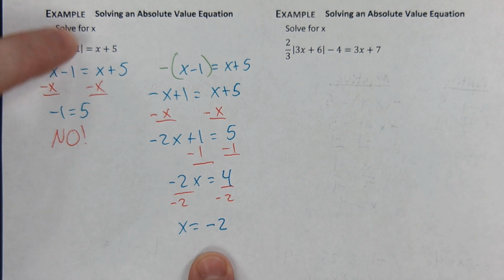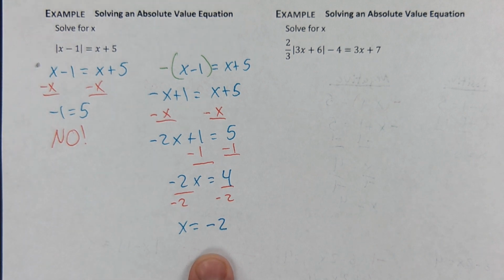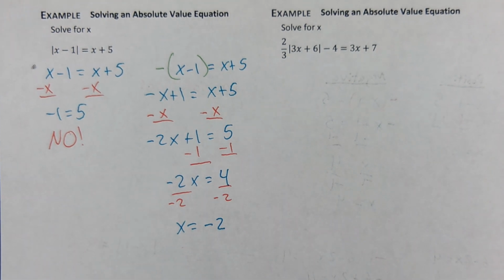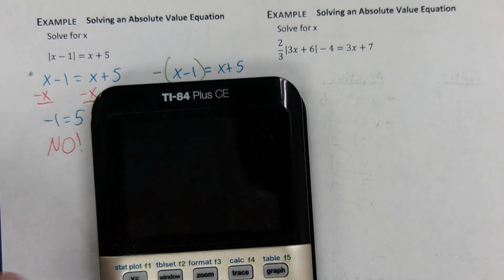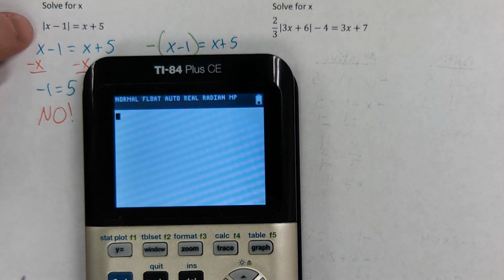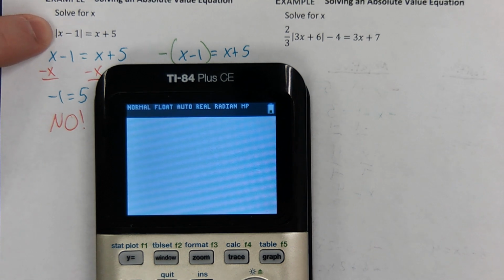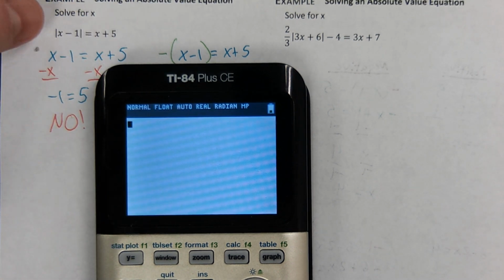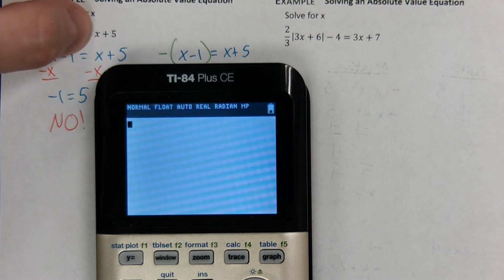Negative 2 minus 1, yeah, that's negative 3. Its absolute value is 3. And negative 2 plus 5 is also 3. You might be curious to know why there was only one solution. Tell me, the way I taught you guys to graph this, what would you say the quote-unquote slope is of absolute value of x minus 1? You'd say it's 1, right? What's the slope of x plus 5? 1. And when two lines have the same slope, they're parallel, which means they don't cross.